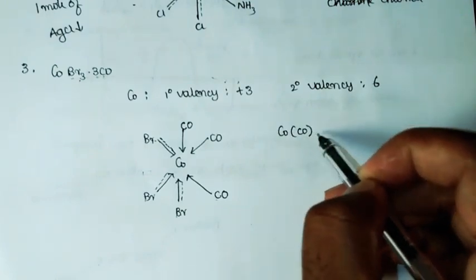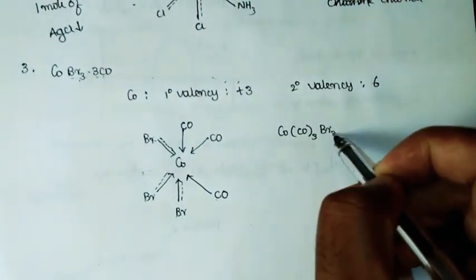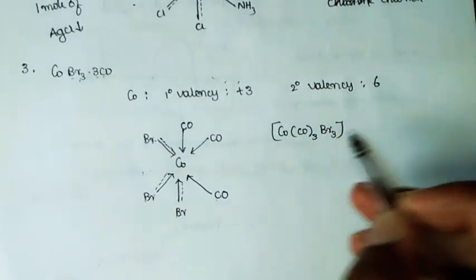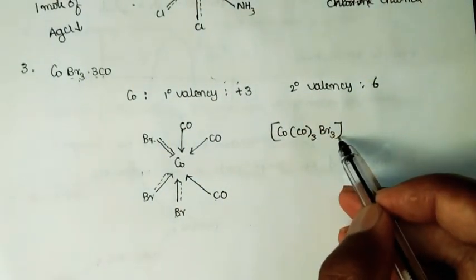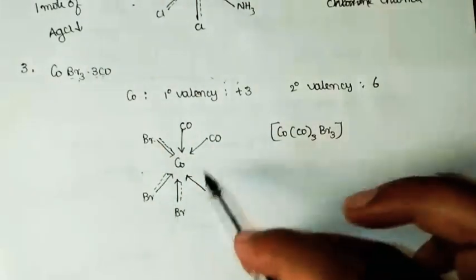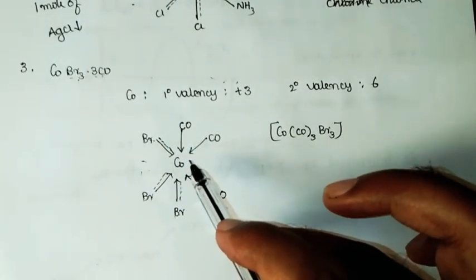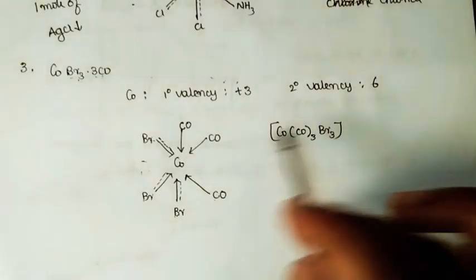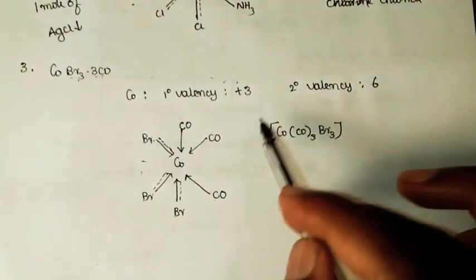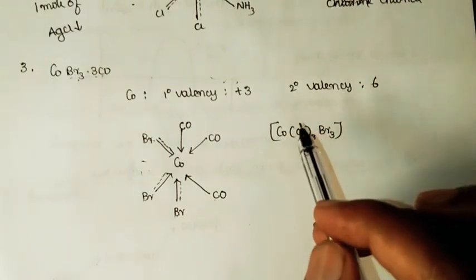There are 3 carbonyl ligands and 3 bromine ligands. So secondary valency is completely satisfied, and there is nothing satisfying only primary valency which can be written outside the coordination sphere. So this is the complete molecular formula of the coordination compound.